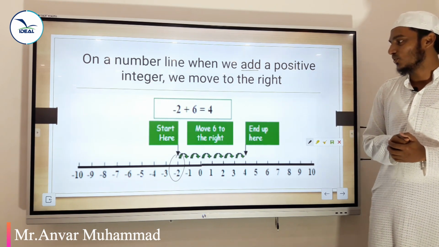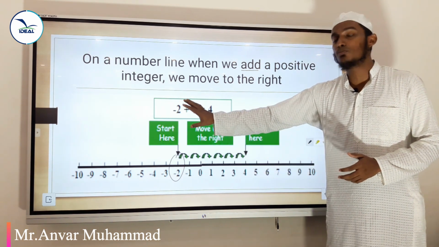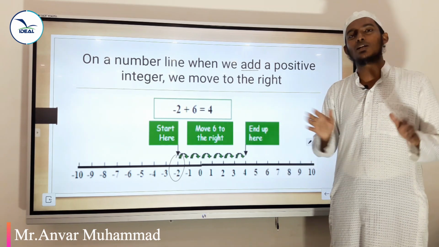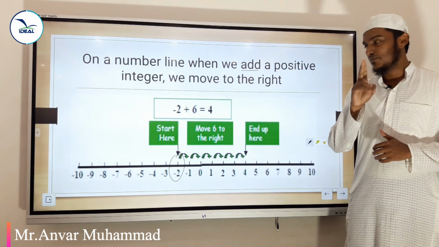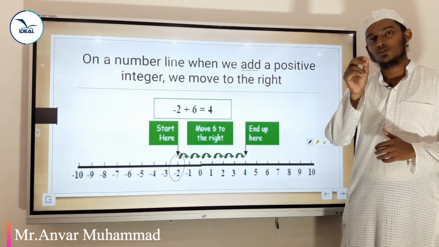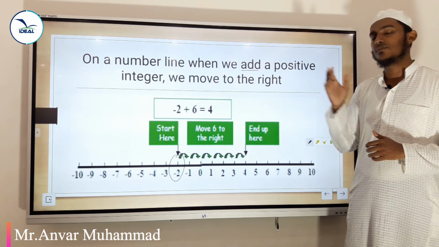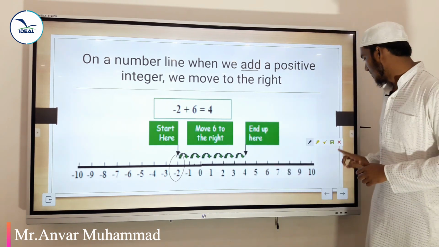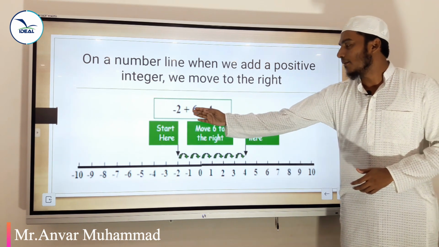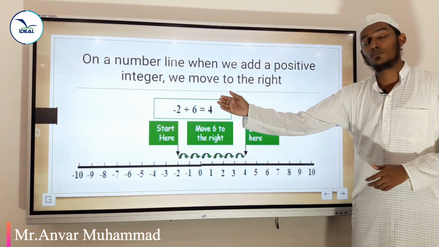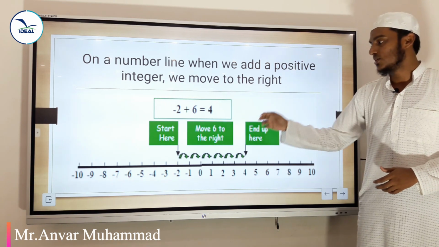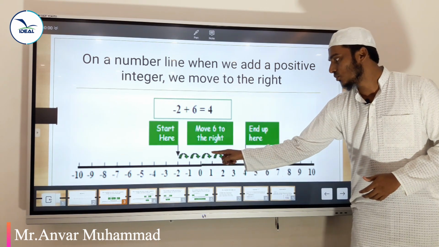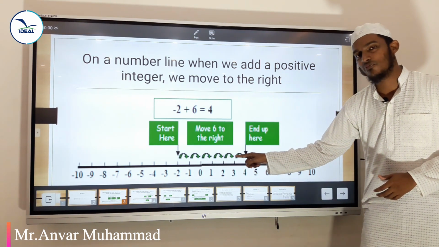You should start from -2. You don't have to bother about whether the first number is negative or positive. The operation is addition, and we are adding a positive integer. So let us start from -2 and add 6, which means we should move 6 places to the right. 1, you reach -1, then 2, 3, 4, 5 and 6.